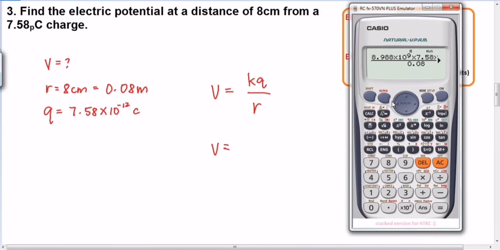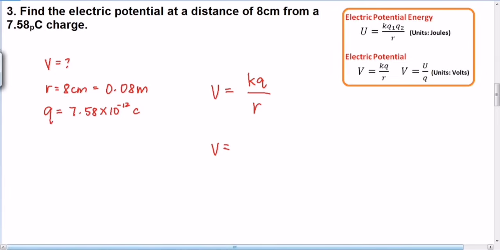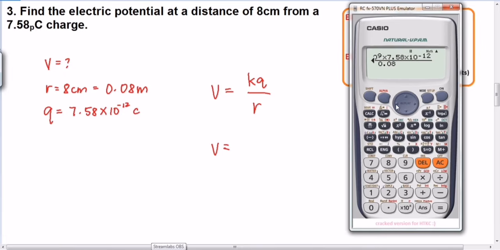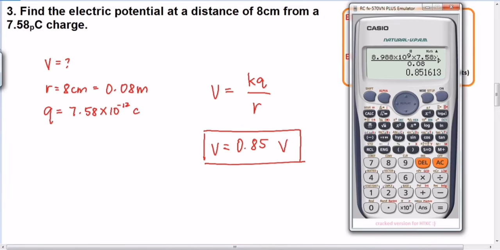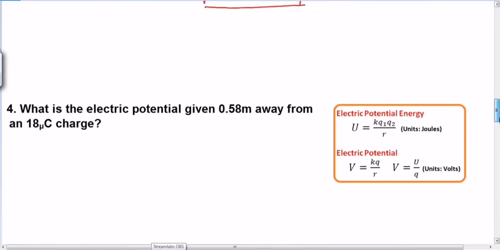Yung naka-meters, not the centimeter. So, equals, so ang sagot, 0.85. Okay? So, the answer is 0.85 volts. Since we are talking about electric potential, then this unit is volts. Tama ba? Okay. Sige, let's have the next example.